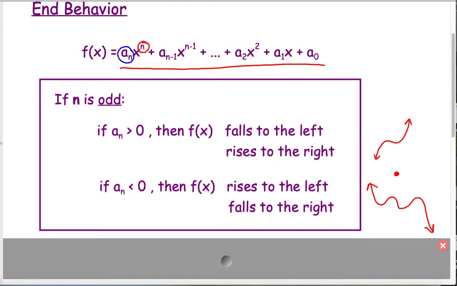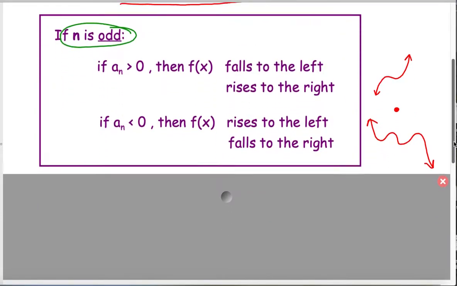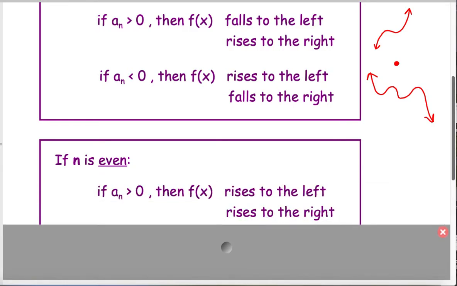Now, what if, instead of n being odd, n is even? If n is even, we also have two cases. We have to look at that leading coefficient. If the leading coefficient is positive, then our graph will rise to the left and rise to the right. For example, just look at a y equals x squared graph.